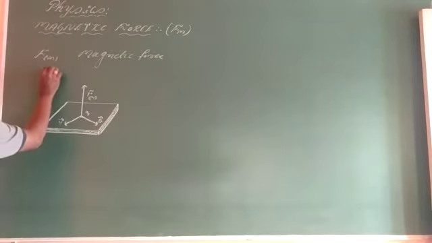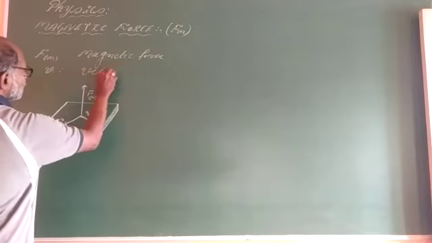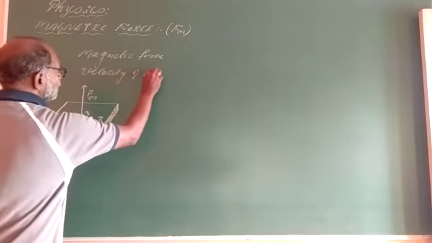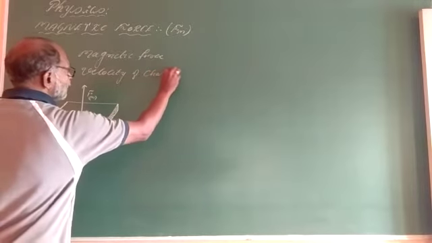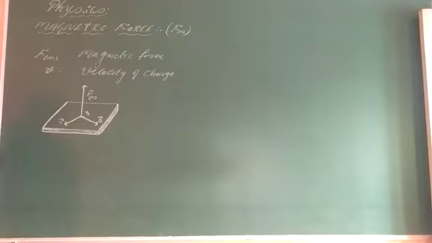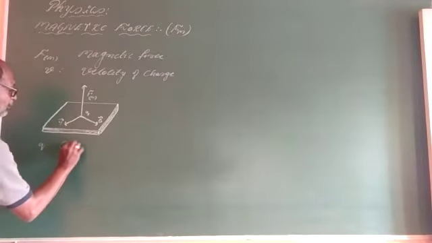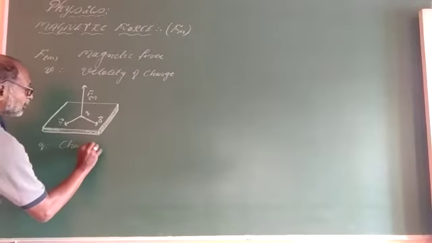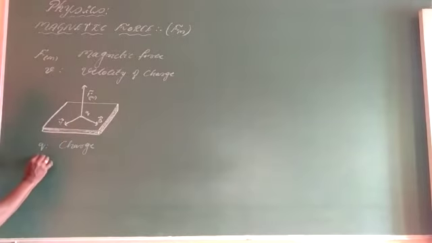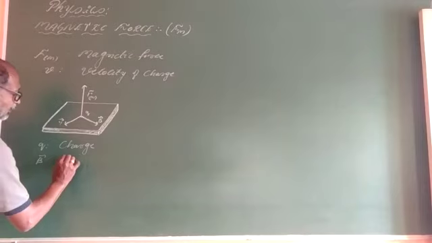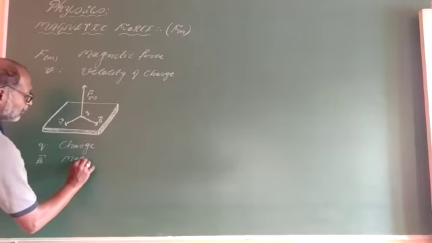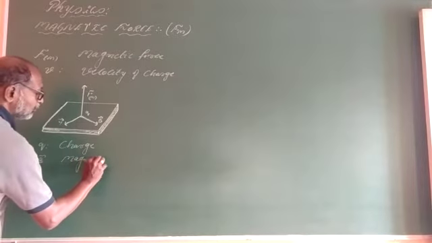V is the velocity of the charge, Q is the charge, and B is the magnetic field.